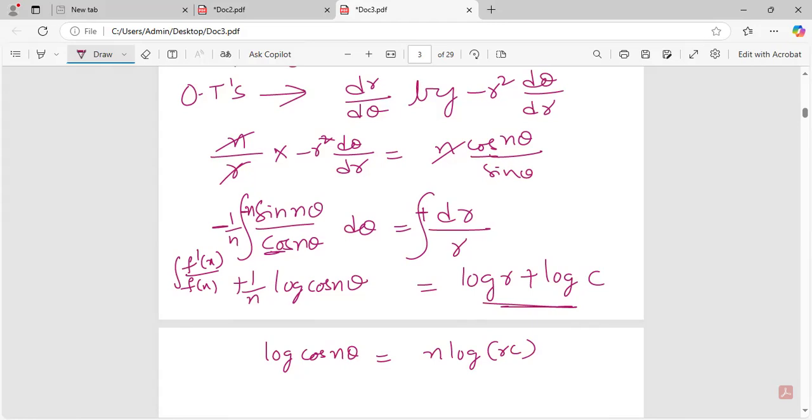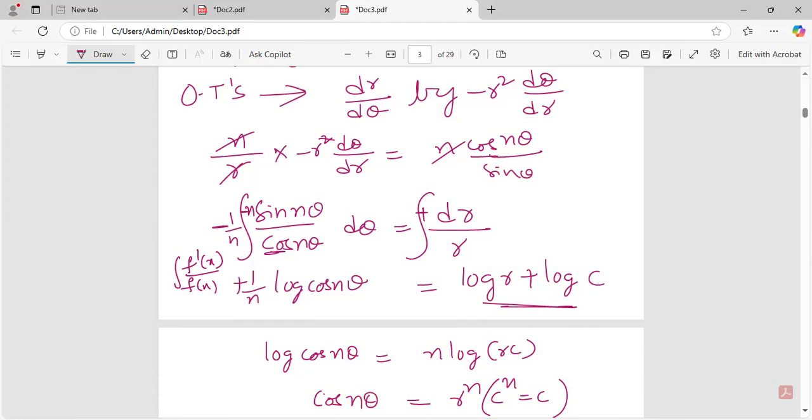Log a plus b can be written as log ab. If I cancel log on both sides, I'll have r power n times c power n, which can be written as c or c prime, equal to cos n theta.